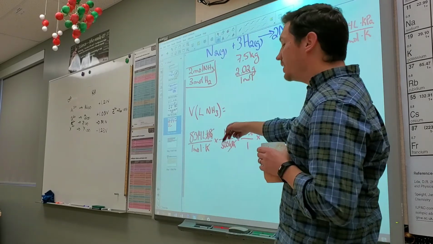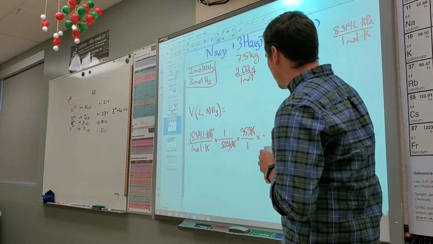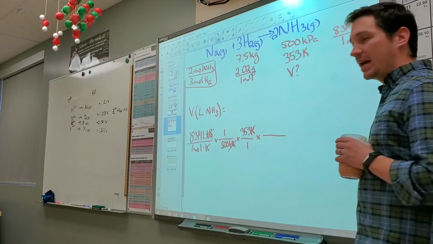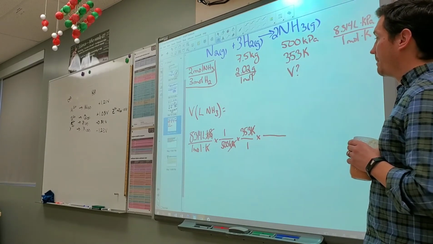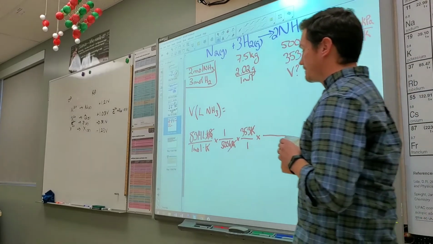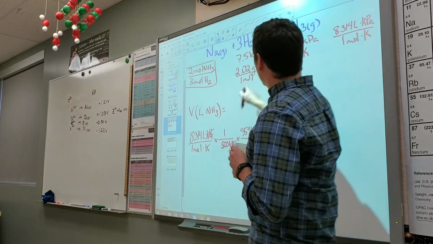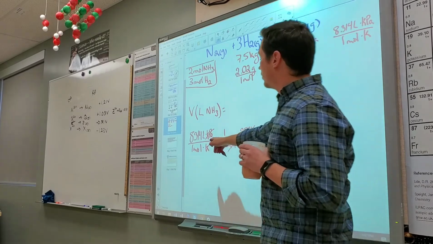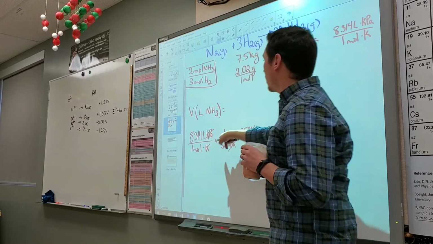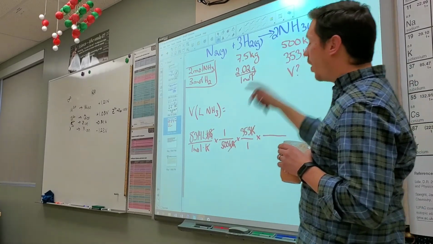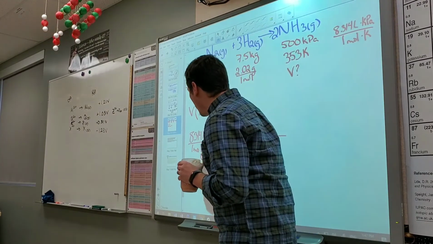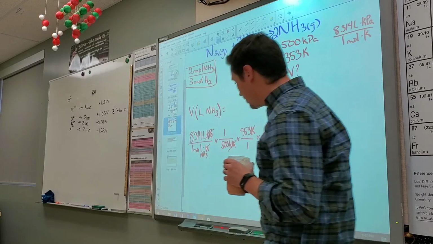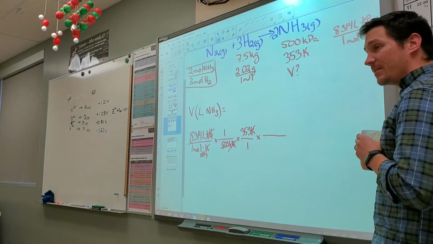Now remember, we want liters, so we have to cancel out moles. What moles am I canceling out? I think hydrogen. What gas are we talking about here? What volume is this gas related to? This is moles of ammonia. So what do we have to cancel out?